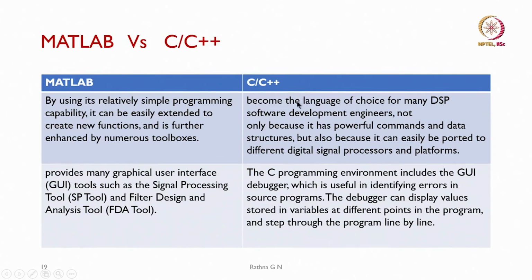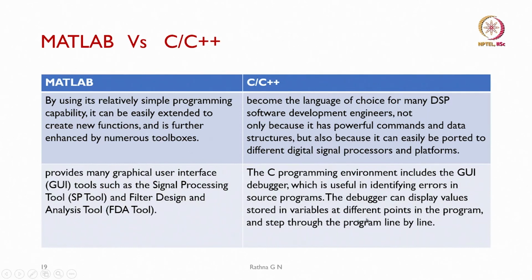The other one, C++, is a high level language usually used by many DSP software development engineers, not only because it has powerful commands and data structures, but also because it can easily be ported, as we have been telling from when we started considering C. It includes the C or C++ debugger, which is useful in identifying errors in source programs.